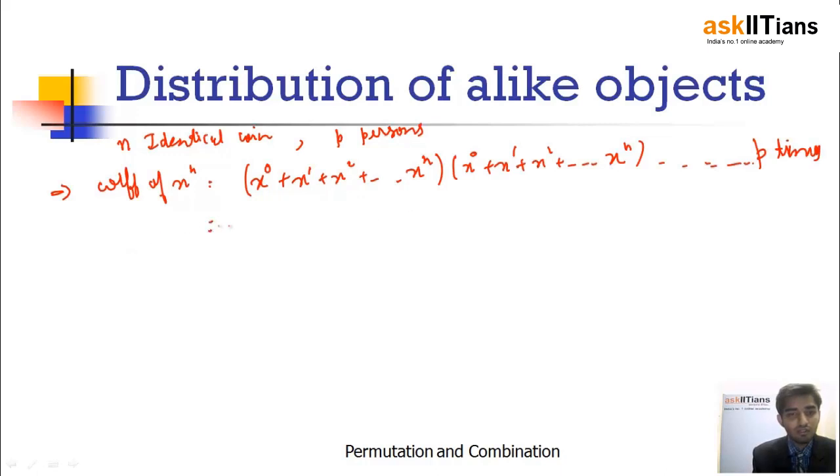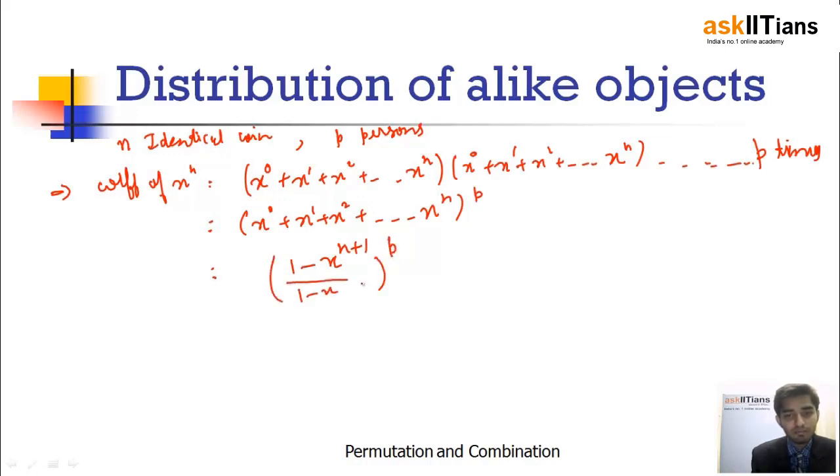So the coefficient of x to the power n in the expansion of (x to the power 0 plus x to the power 1 plus x to the power 2 up to x to the power n) whole power p. If I use the binomial theorem, then this will be equal to (1 minus x to the power n plus 1) divided by (1 minus x) whole power p. So the coefficient of x to the power n in the expansion of (1 minus x to the power n plus 1) to the power p into (1 minus x) to the power minus p.